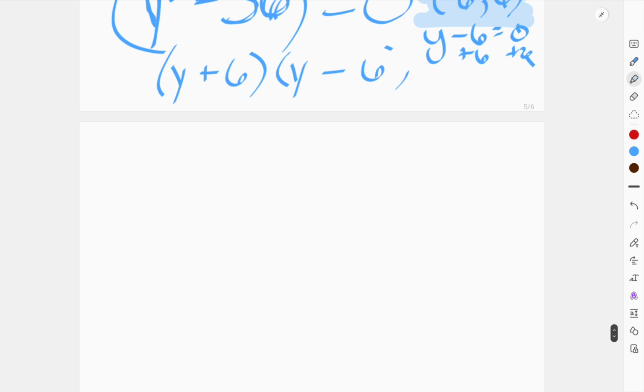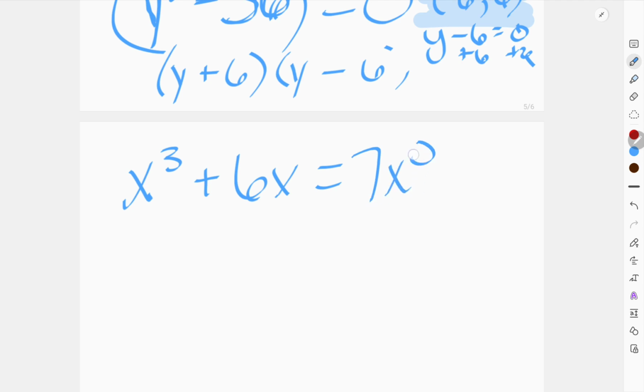So doing the next one, oh, sorry. Go back to the pen. Okay, so I have x to the third plus 6x equals 7x squared. Okay, so what I need to do is move that 7x squared over. So I'm going to subtract it.